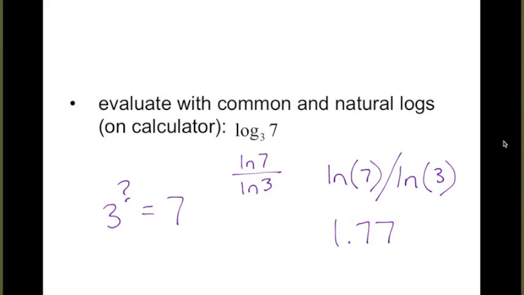And that's the answer that we're getting. 3 to the first would be 3. 3 squared would be 9, so we expect our answer to be between 1 and 2, and it is. Okay? So that's what a log is doing, it's giving us a power. It's asking the question of 3 to the what is that number. Just to kind of remember what a log is. Logs are very mysterious to students, and so I try to keep on reemphasizing what this thing is actually doing so we can try to grasp it.